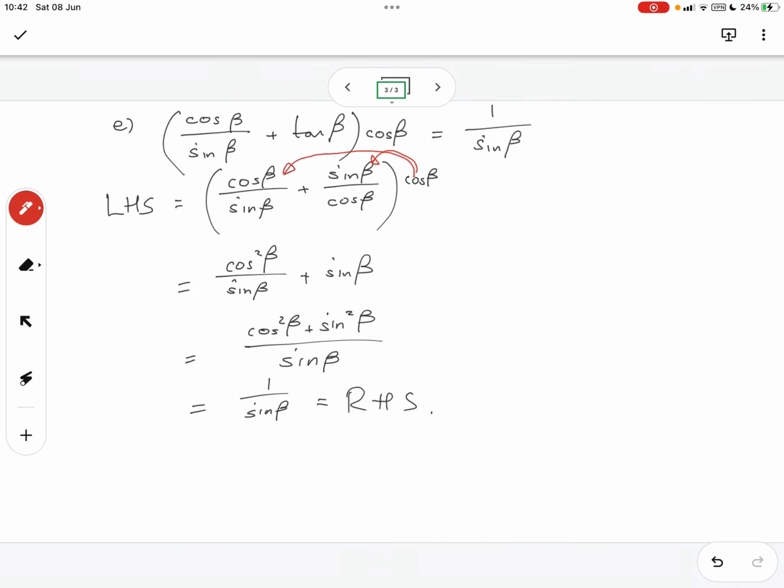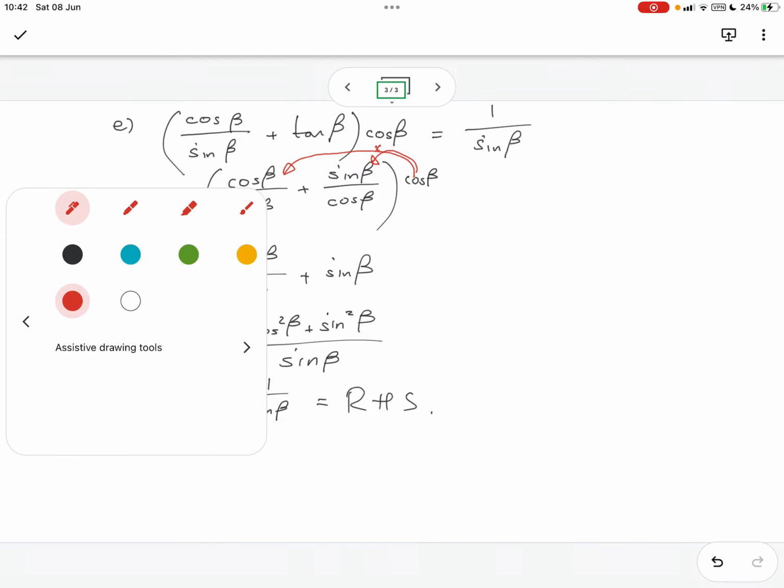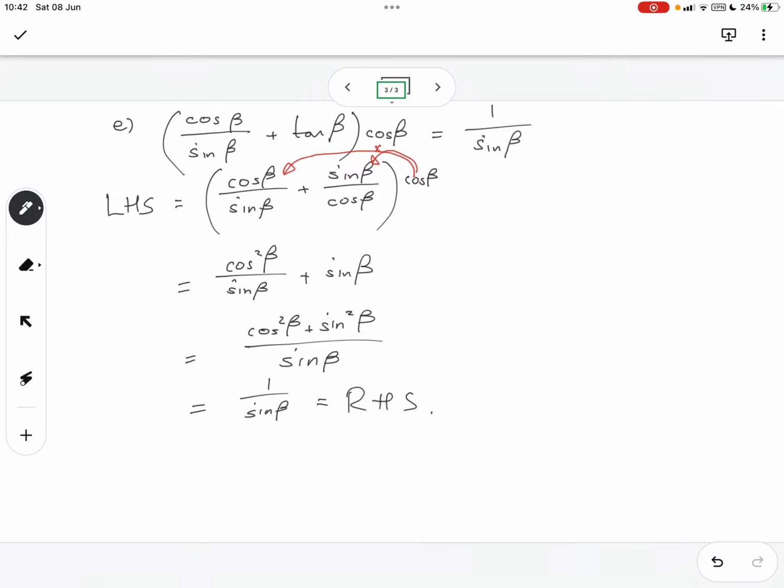This one, can I also multiply? Okay, let me ask you this. What happens if you multiply this fraction with the cos beta, and what happens when you multiply that fraction with the cos beta? Let's say you multiply cos of beta divided by sine of beta by cos of beta.